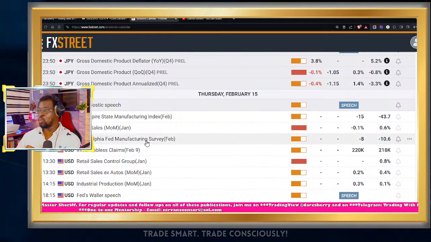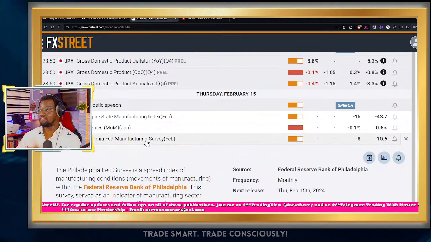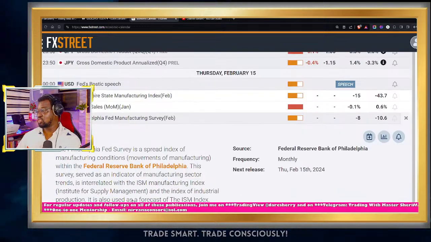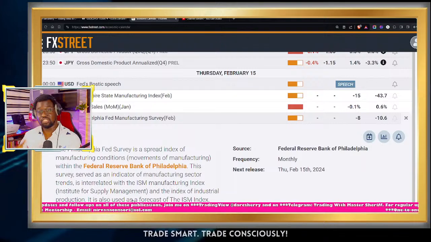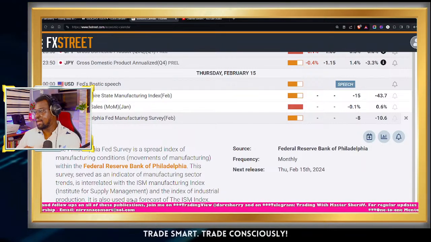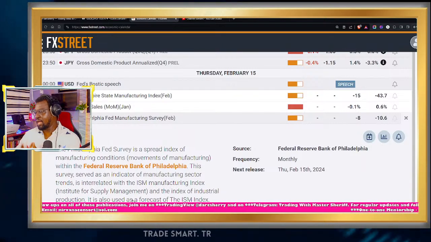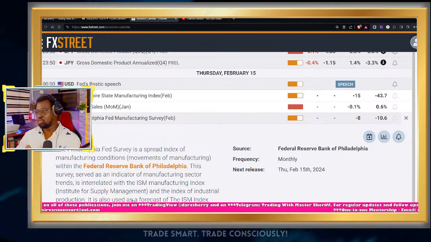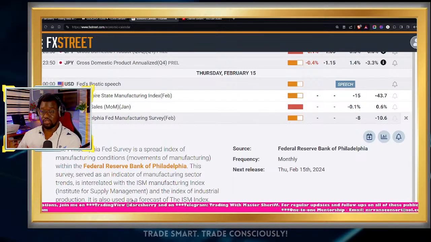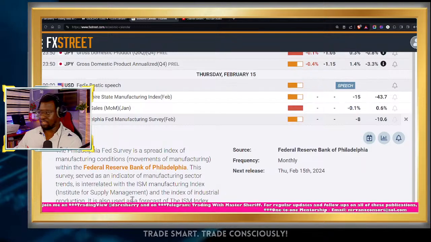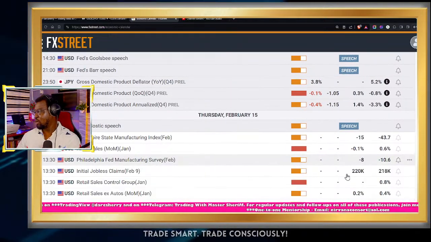Then the other one we are looking forward to again is the Philadelphia Fed Manufacturing Survey, which serves as an indicator of the manufacturing sector's trend. It is interrelated to the ISM Manufacturing Index as well. And of course, an above-expectation figure is considered to be a positive signal in favor of the US dollar.